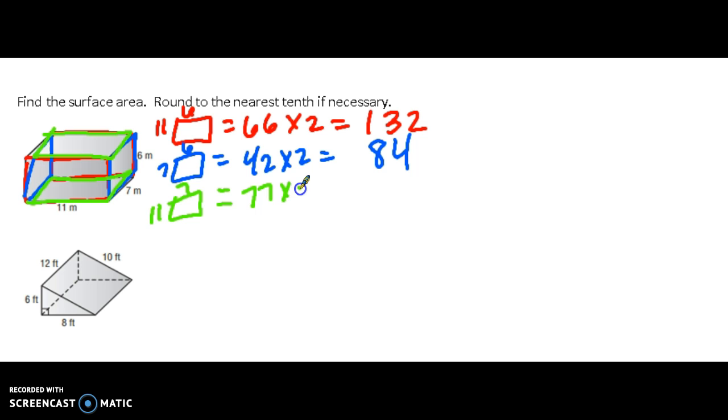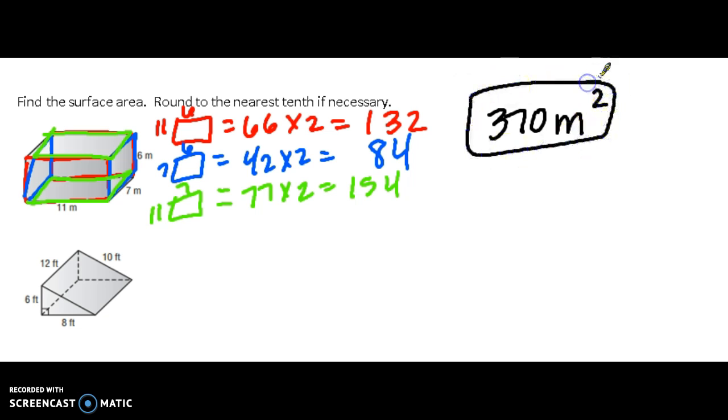So that's 154. Now to find the surface area, you add all of those together. 132 plus 84 plus 154 is 370 meters squared. Surface area is squared.